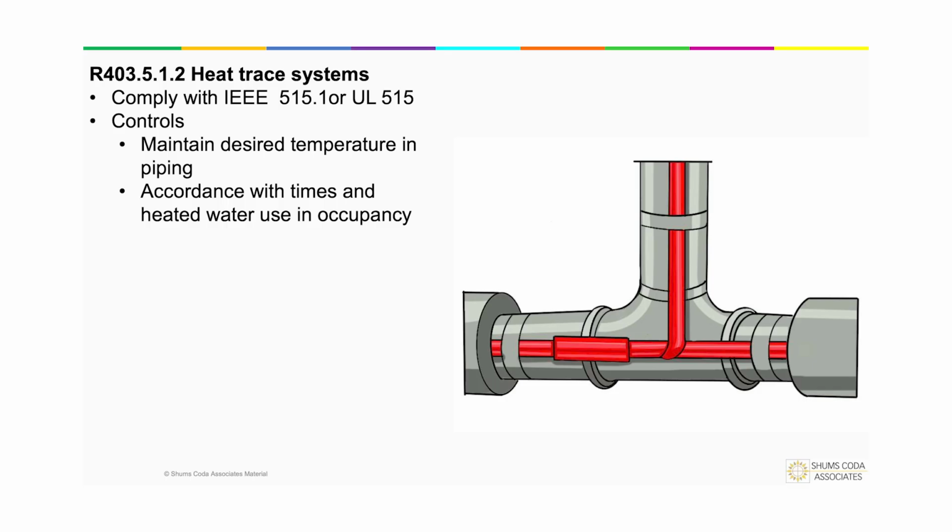And then the controls. The controls are going to be there to maintain the temperature in the pipe, in accordance with times of the day and the heated water use per the occupancy.